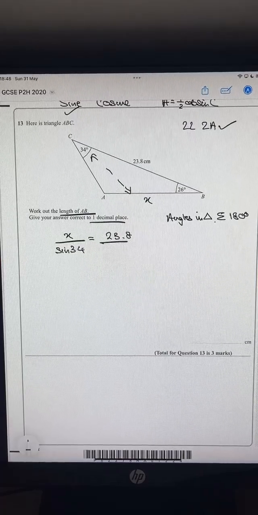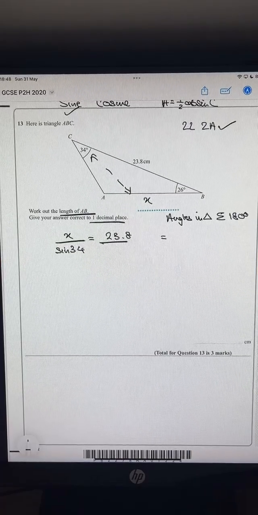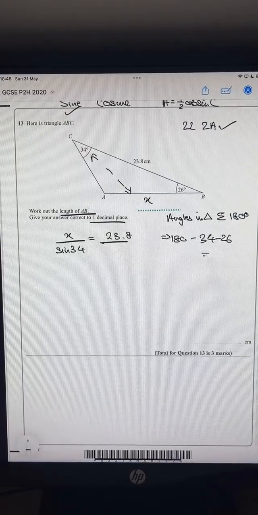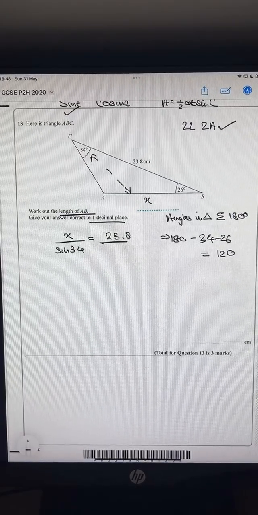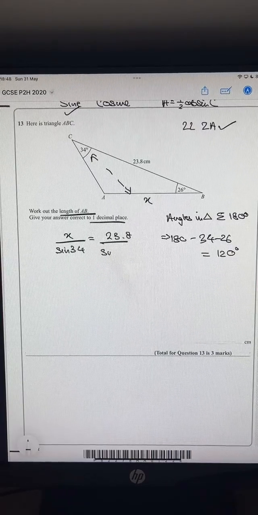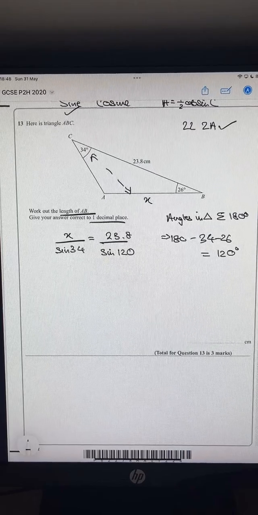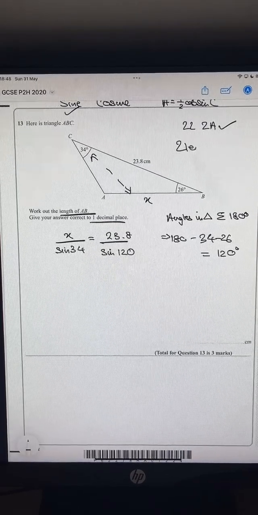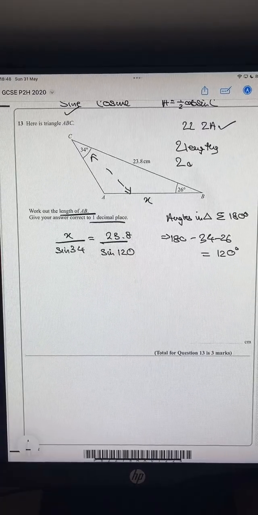So that's going to be 180 minus 34 minus 26, and I get 120 degrees. So that's going to be over sine of 120. I need to find out what x is. Why is it sine? Because I've got 2 lengths and I've got 2 angles.